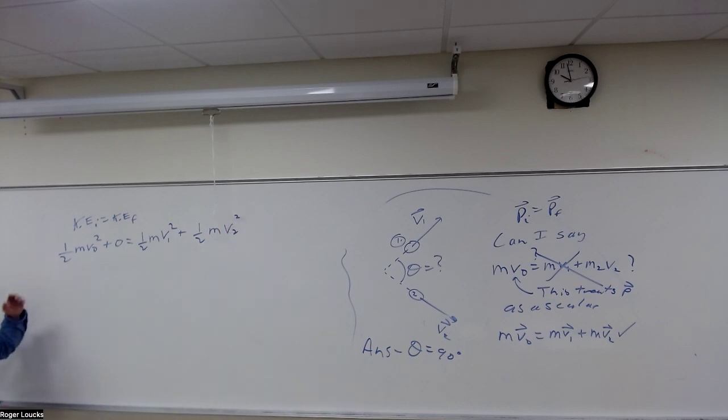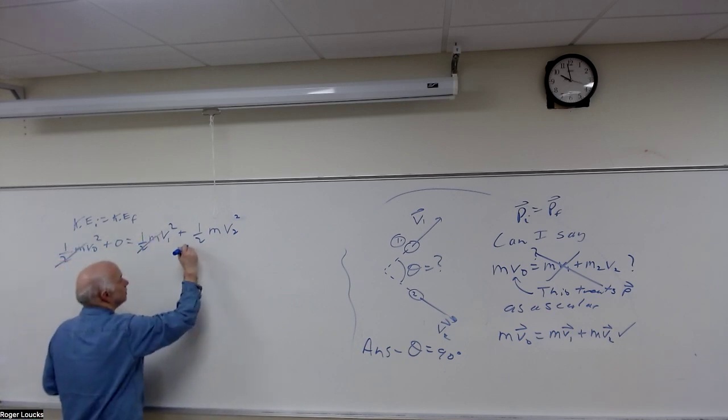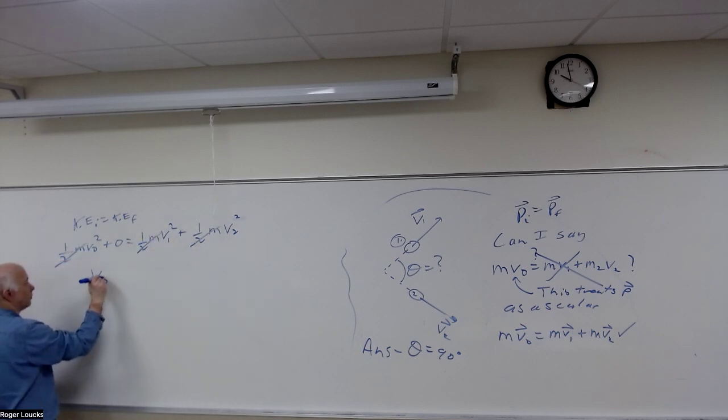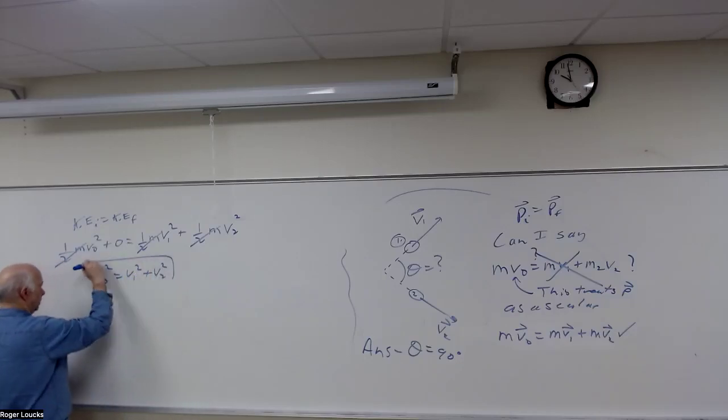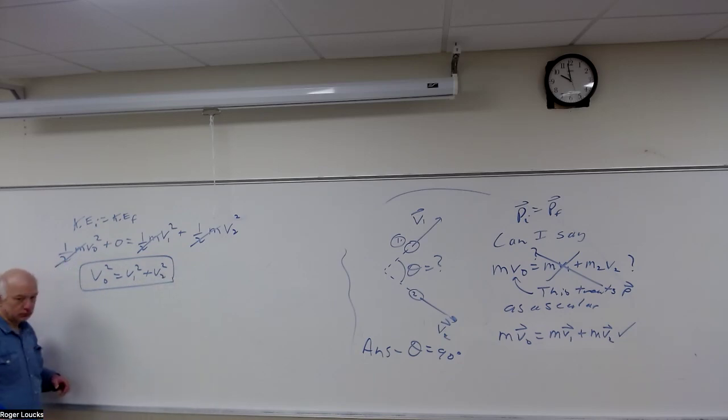What's nice about this equation? Yeah, all the halves and m's go out. These are the same, so this gives me v naught squared equals v1 squared plus v2 squared. Okay.